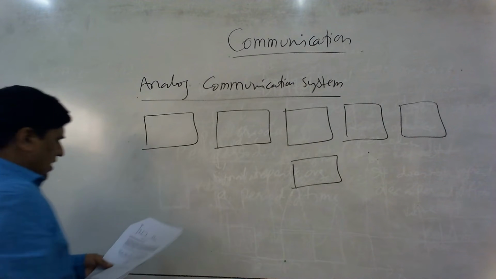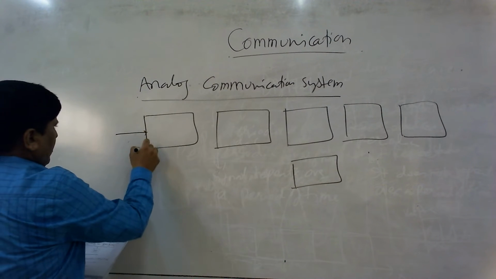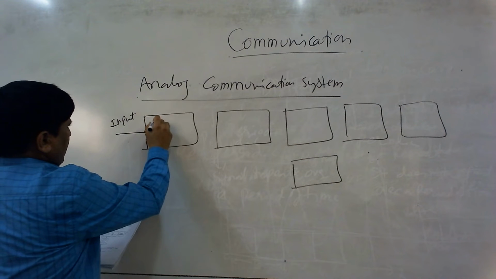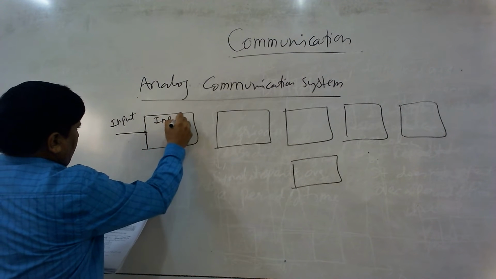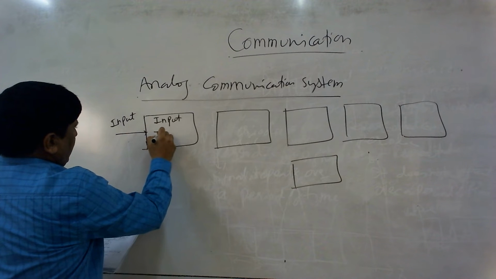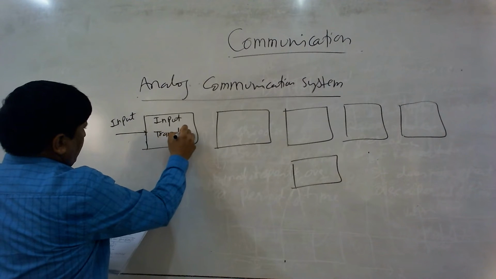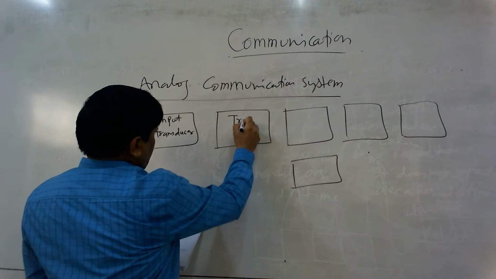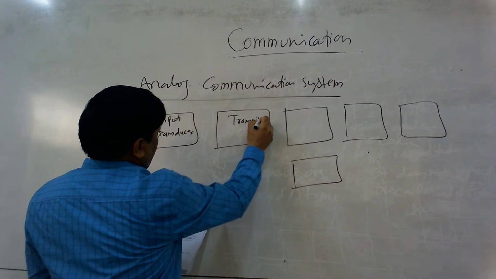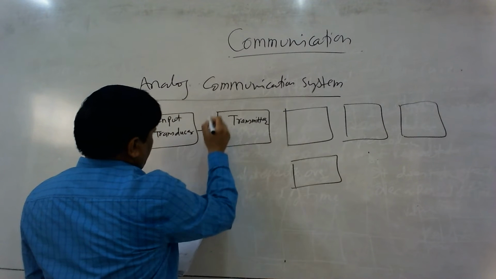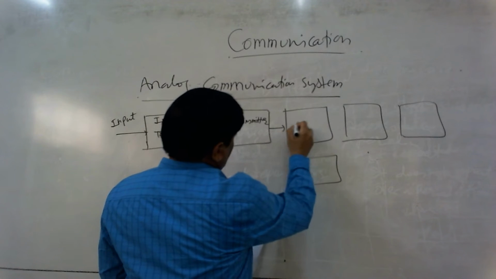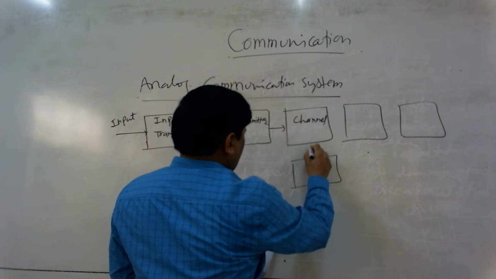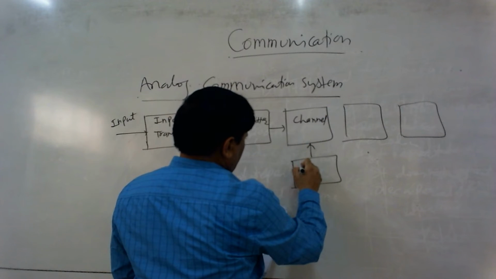First is the input, and the first block is the input transducer, the second block is the transmitter, the third is the channel, and this is given as the noise and distortion.